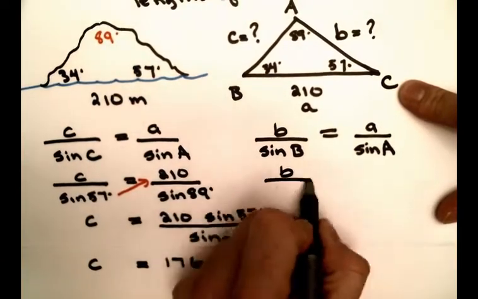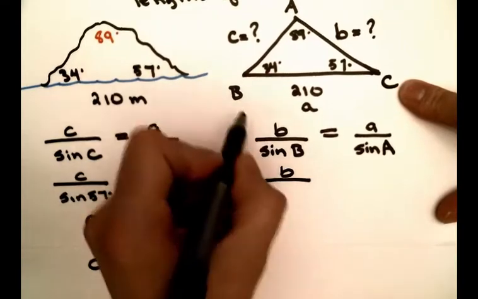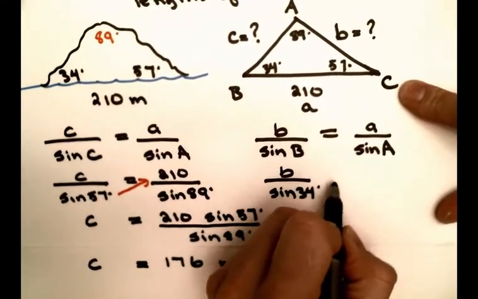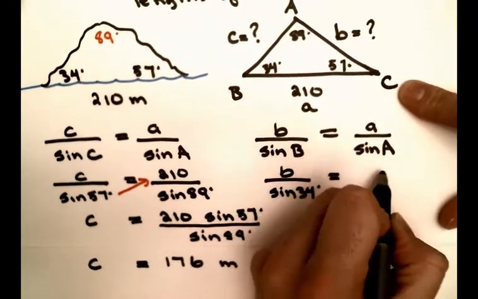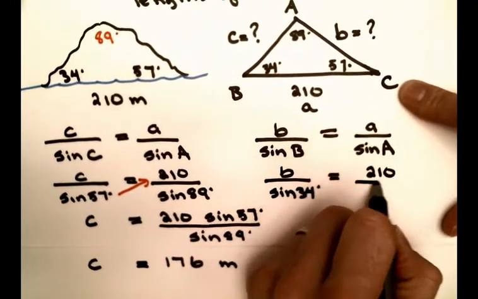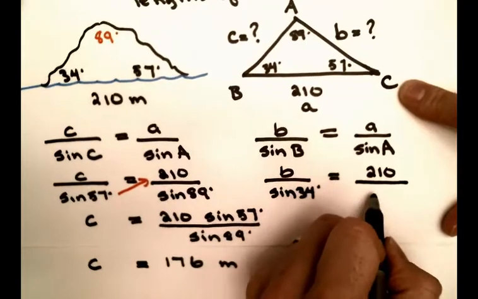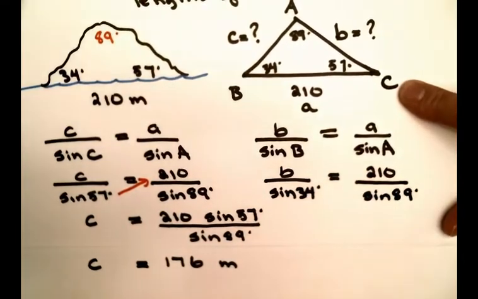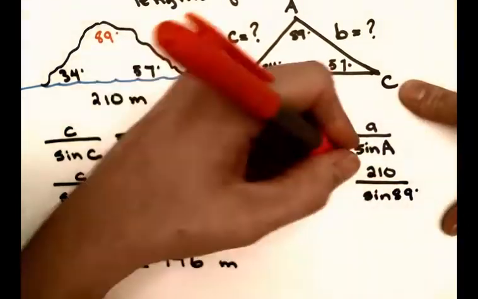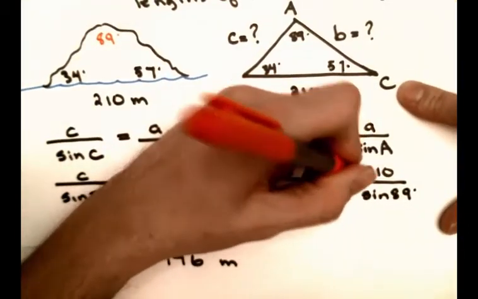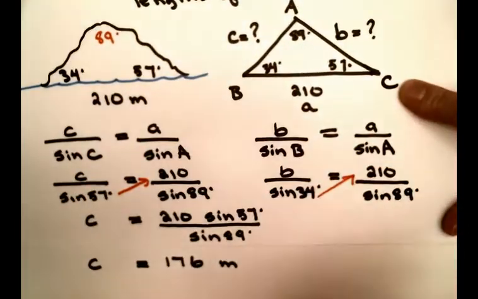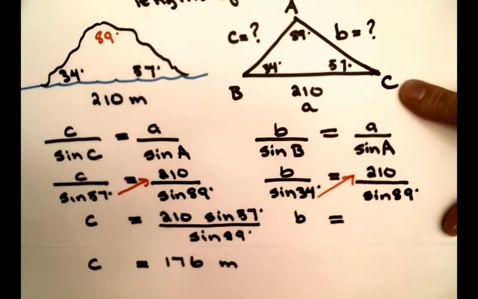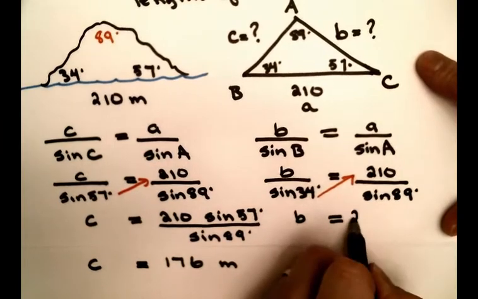Okay, so everything's known except for side B. Here we go: B over sine of angle B, which is sine 34, equals A, which is 210, over sine 89 degrees. And again, you just have to cross multiply and write it out. So B is now isolated. It equals 210.